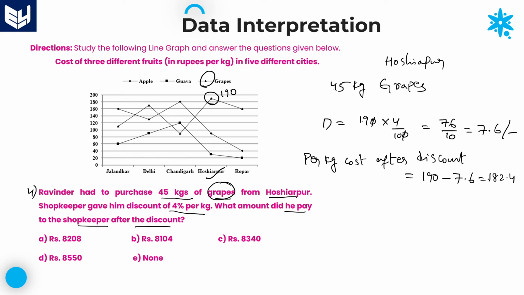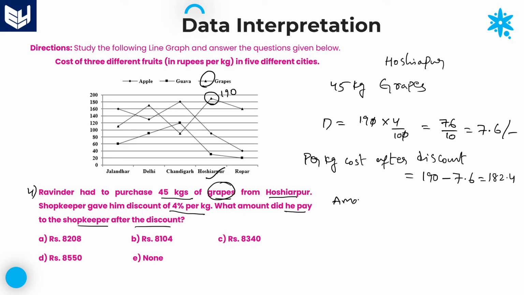That is the per kg cost after discount. After giving 4% discount, the remaining amount is 182.4. Now you need to calculate the exact amount of what he has to pay.